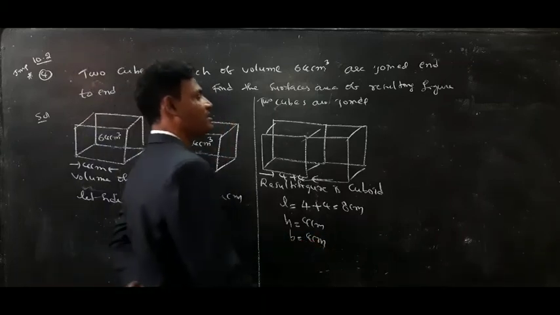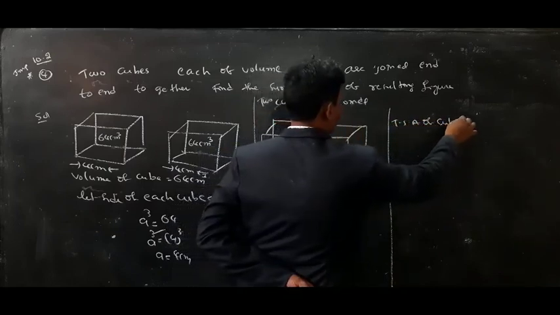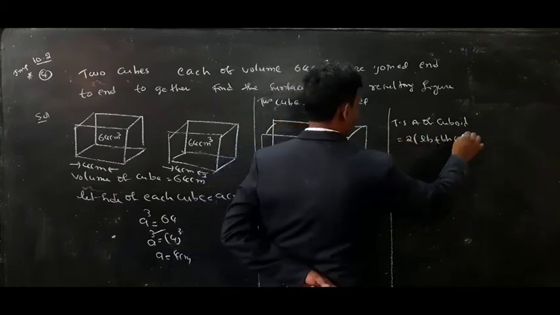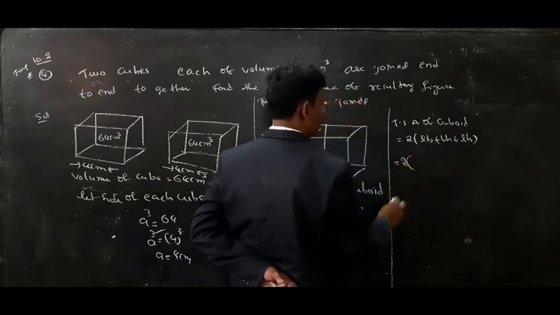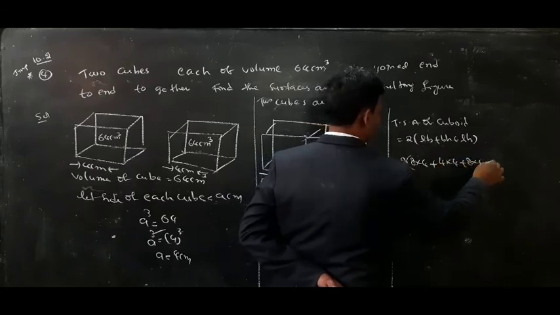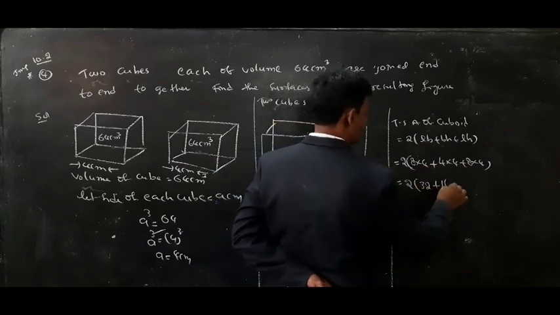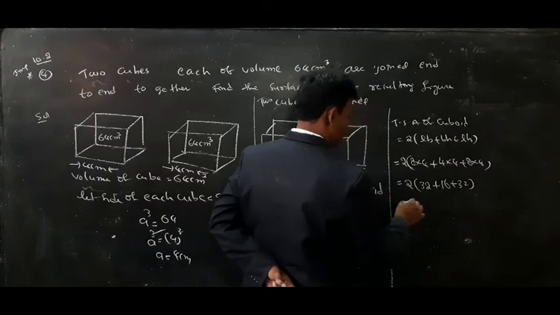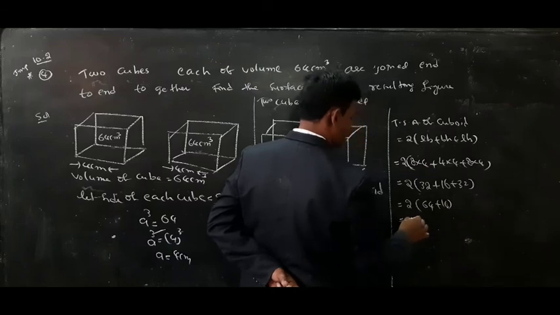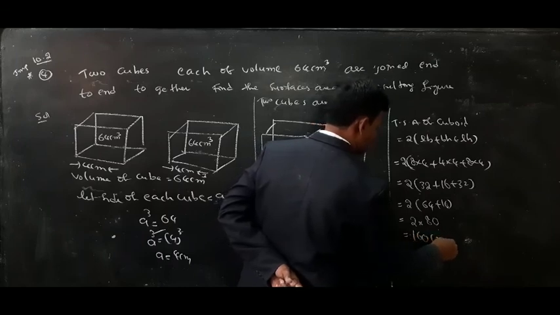Now I need the total surface area of the resulting figure. Total surface area of a cuboid, what is the formula? 2 times (LB plus BH plus LH). 2 times (8 into 4 plus 4 into 4 plus 8 into 4). 8 4s are 32 plus 4 4s are 16 plus 32. 32 plus 32 is 64, plus 16, how much is it? 80. So 2 into 80 is 160 centimeters square.